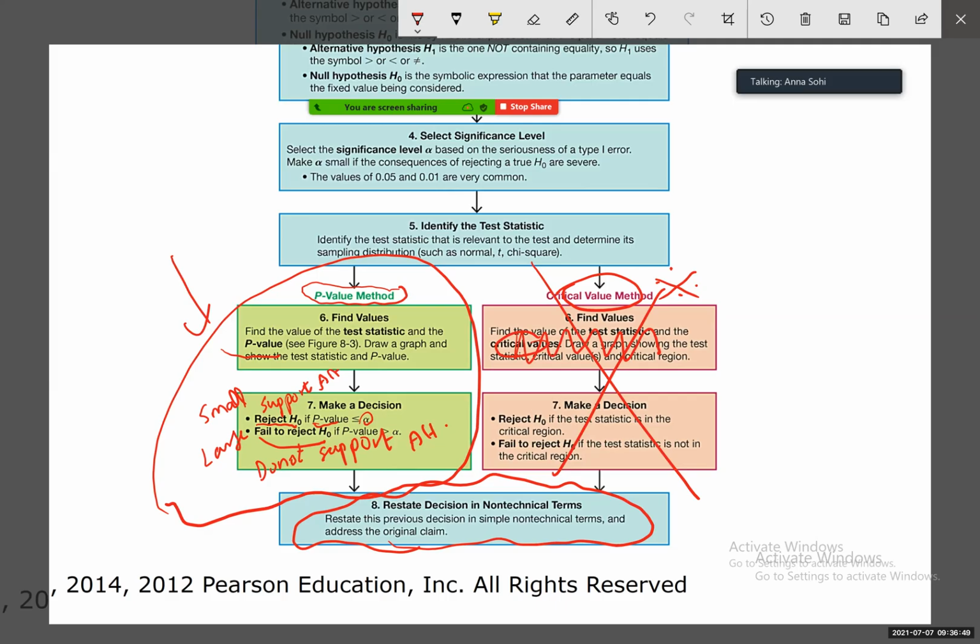We're going to talk about it more. Rejecting the null means we are rejecting what it says in the null and supporting whatever the alternative is. Fail to reject the null means we cannot reject the null and we cannot support the alternative. So write this wording.